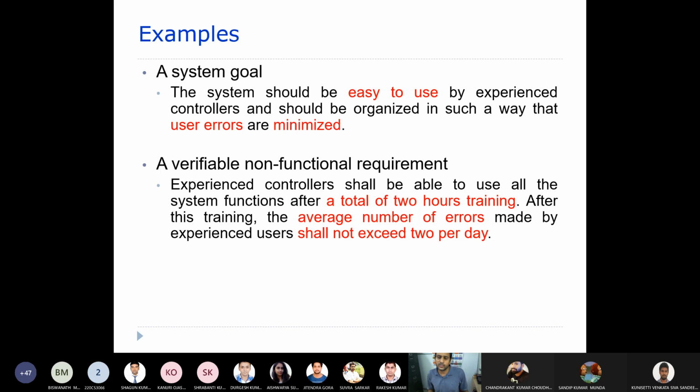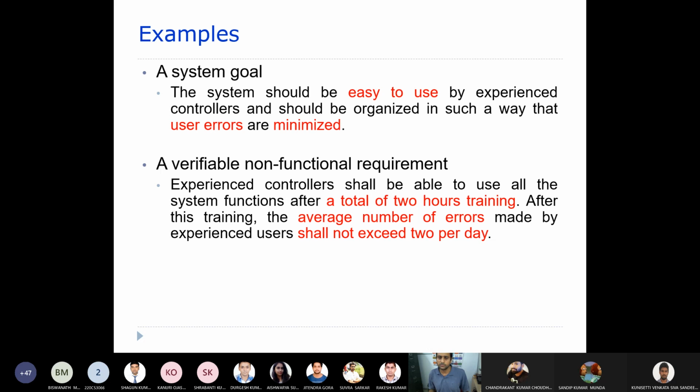When that experienced user is going to use that particular software, the number of errors that occur should be very minimal. Let's take an example. There is an experienced controller or user who is going to use all the system functionalities of a particular software after getting 2 hours of training.